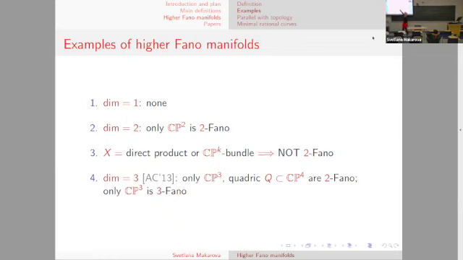So the only 2-Fano threefolds are CP3 and a quadric in CP4. And if we write out the Chern character of the tangent bundle of the quadric, we can check that it is not 3-Fano. So the only 3-Fano threefold is CP3.